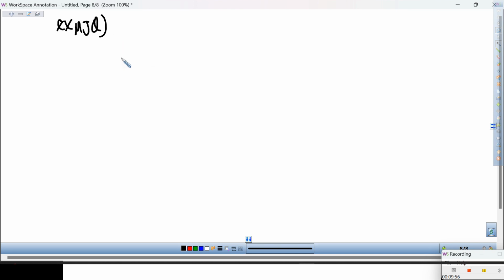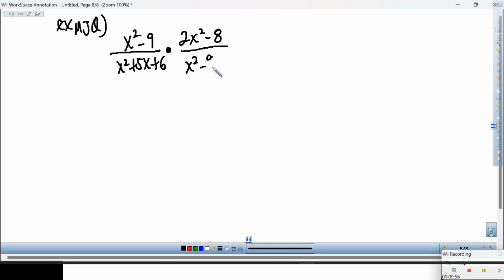All right. So, copy this problem down. We got x squared minus 9 over x squared plus 5x plus 6 times 2x squared minus 8 over x squared minus 9x plus 14.